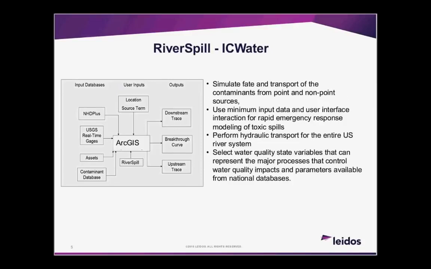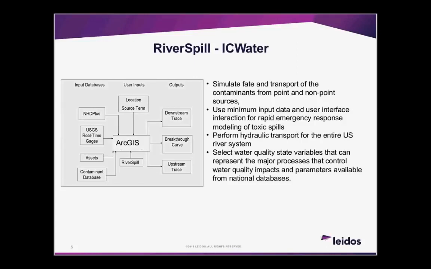It's the NHD Plus that Jeff had just previously described. We couple that with USGS real-time stream gauges, so we can update the flows and velocities in the NHD Plus with real-time data. We have a database of assets, which includes drinking water intakes, municipal and industrial dischargers, emergency sites like fire stations, police stations, and other critical facilities like hospitals and schools.